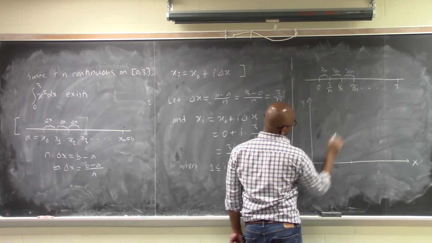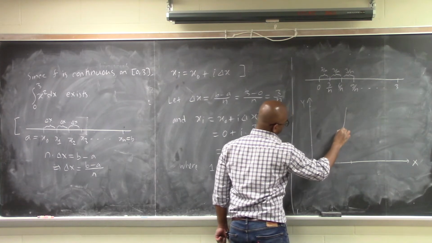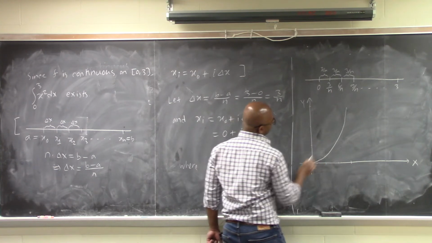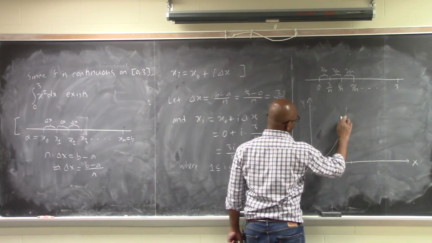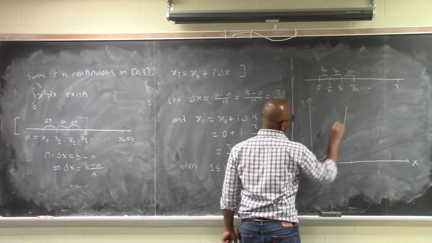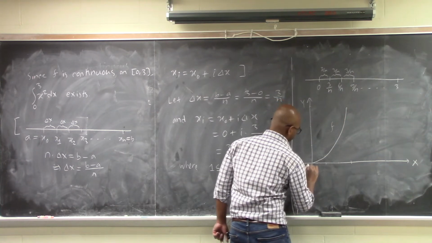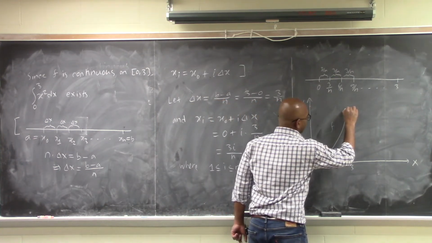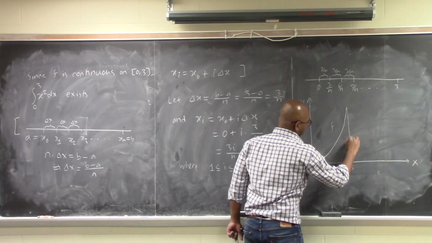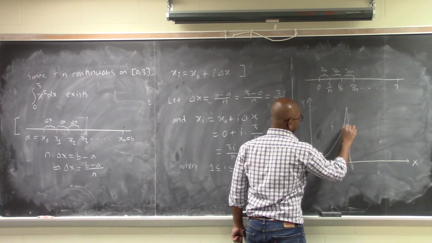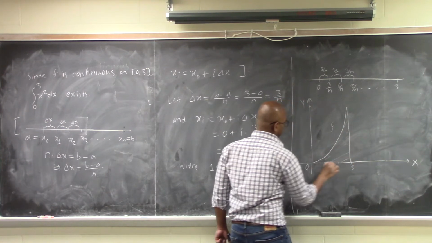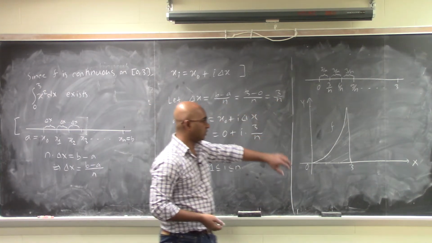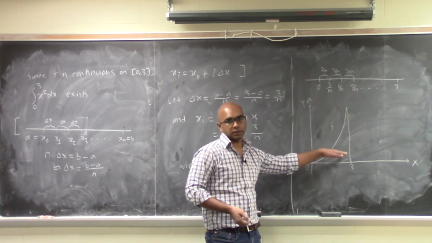And at 3, this is 9. Okay, so it looks like this. Okay, this is the function f of x equals x squared. And we are concerned about the area of this region. Finding the integration of f from 0 to 3 means find the area of this region.